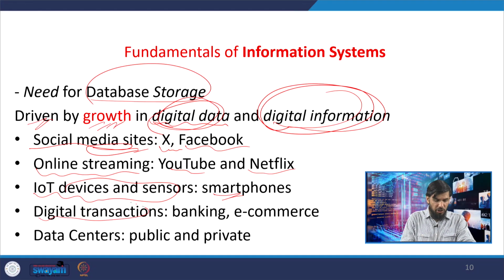Then the digital transactions. The organization is making its own sales and other banking transactions. Banking and e-commerce transactions are things most organizations would be doing, because digital transactions are increasing day in and day out. So, this will also be large data that will be accumulated.